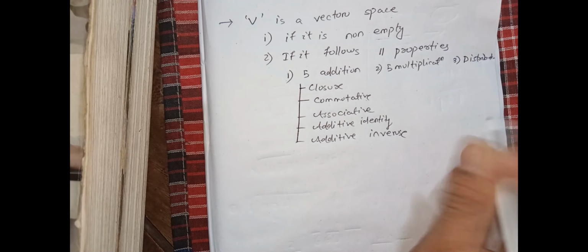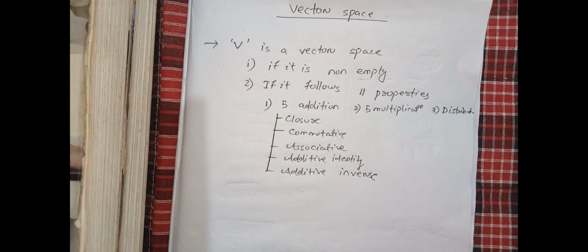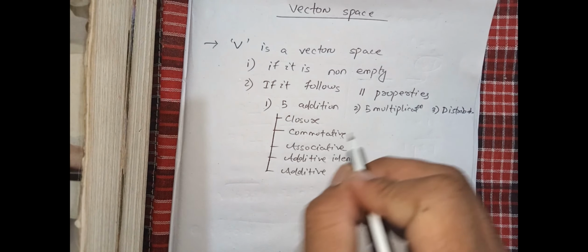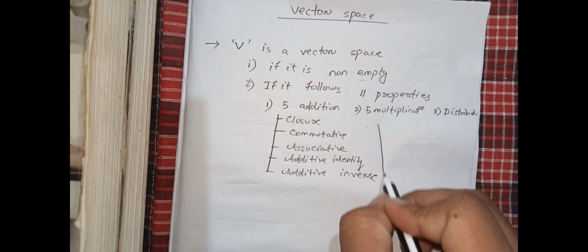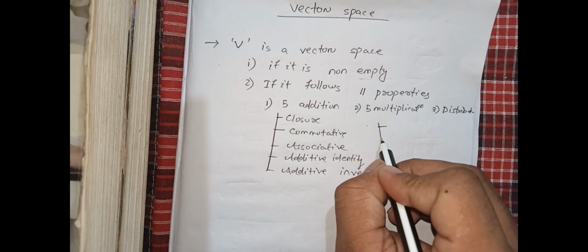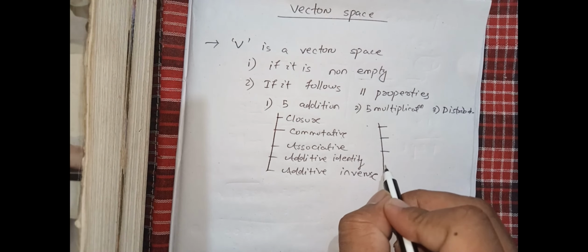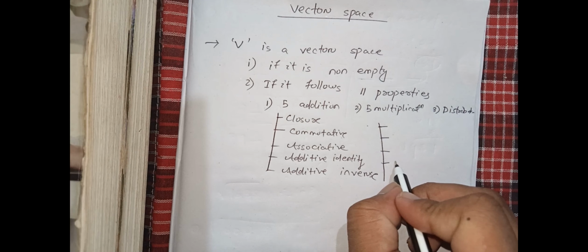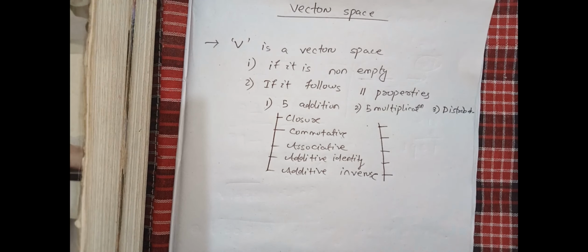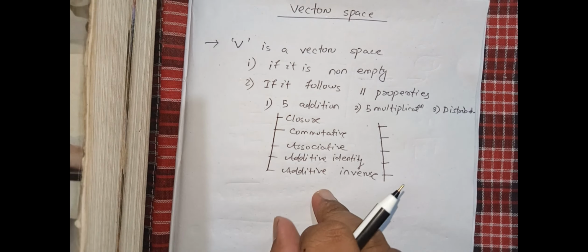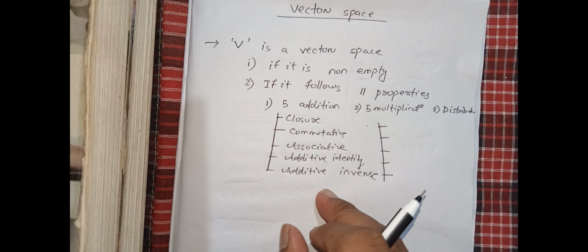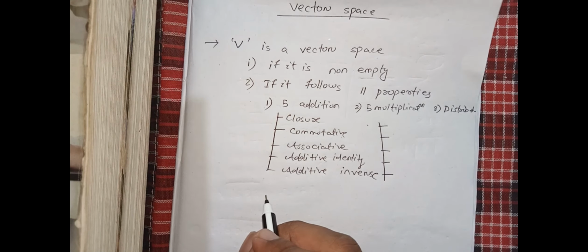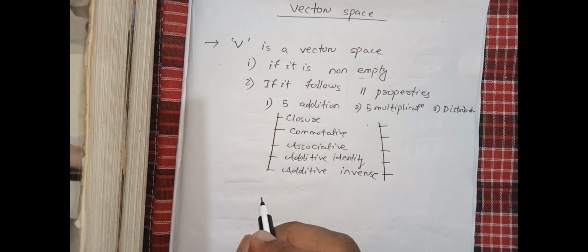If a vector set satisfies these properties of addition, and similarly the properties of multiplication, that is closure property of multiplication, commutative property, associative property, multiplicative identity, and multiplicative inverse, then this will be called a vector space. And the closure property means what? How will you show that it satisfies the closure property or not?